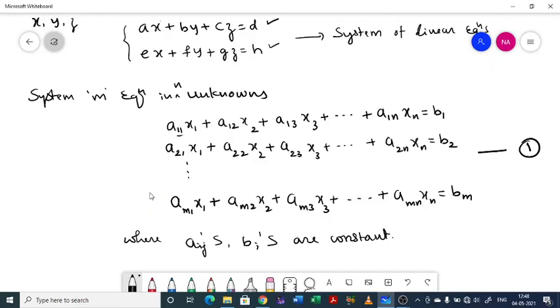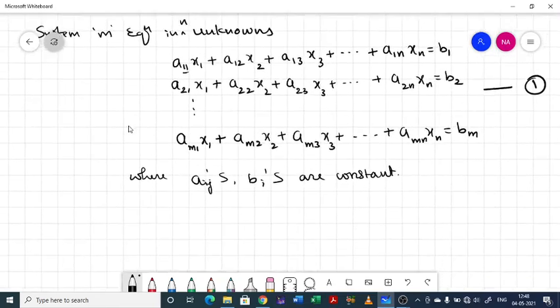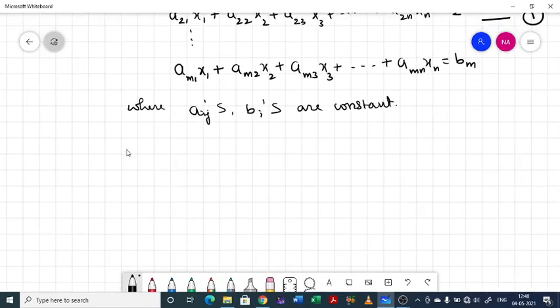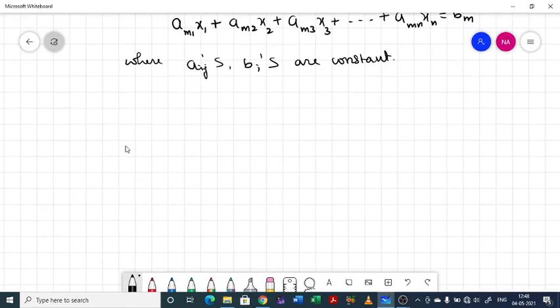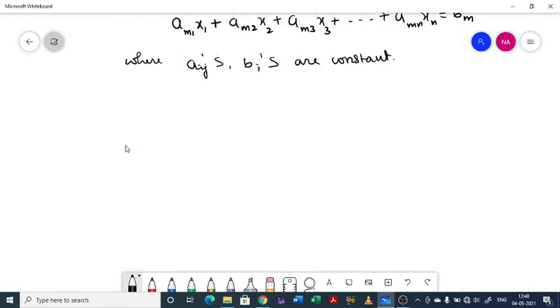Any equation involves two types of quantities: variables and constants. Here x1, x2, x3, up to xn are variables. a11, a12, a13 up to amn are constants, and b1, b2, up to bm are also constants. The collection of those m equations is called a system of m equations in n unknowns, which we call equation 1.